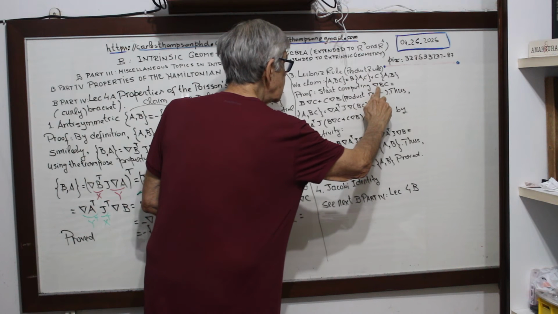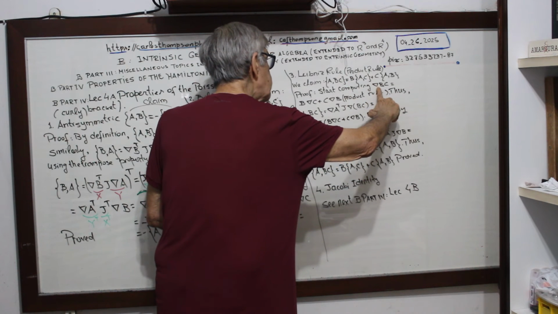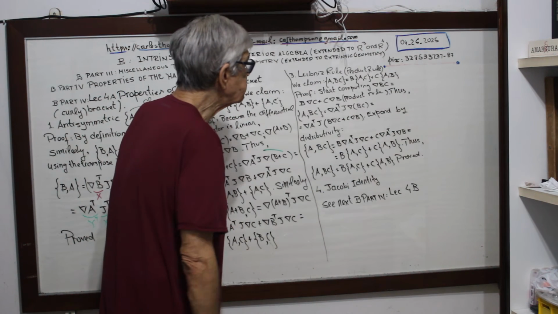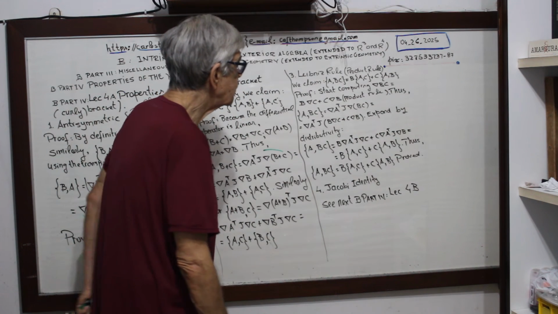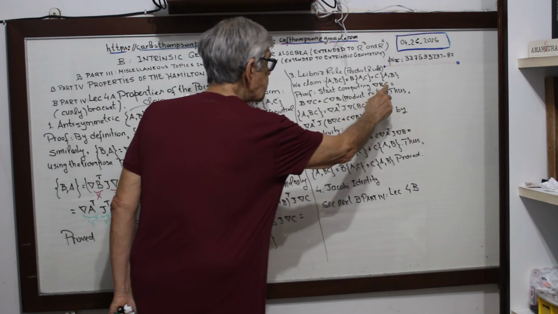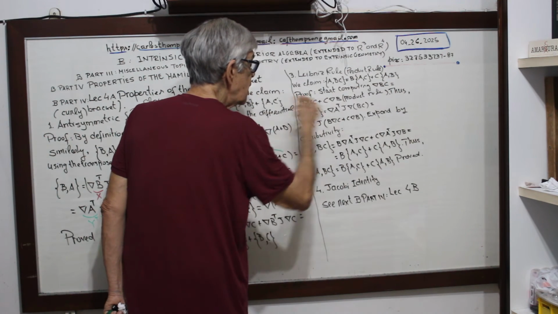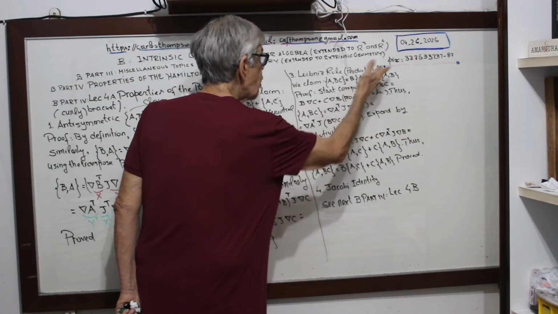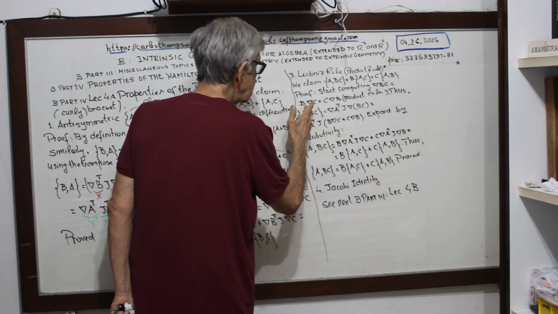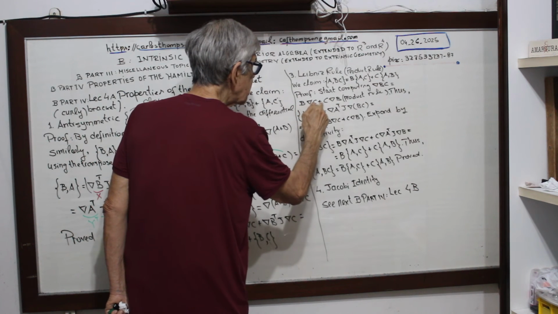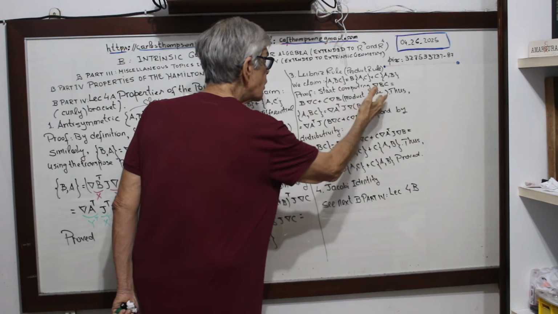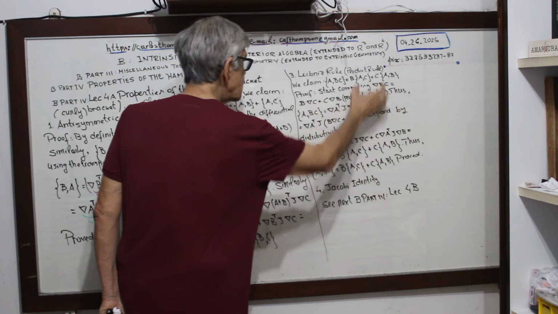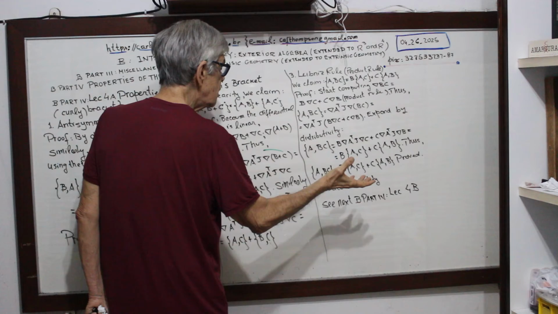You see the pseudo-gradient on this product. You can expand it using the product rule: B gradient of C plus C gradient of B.